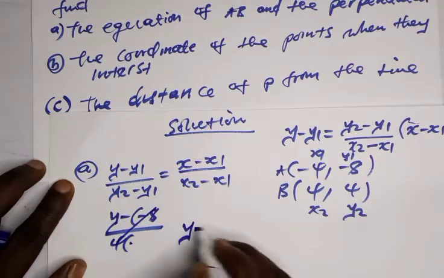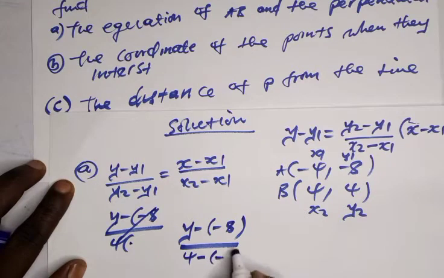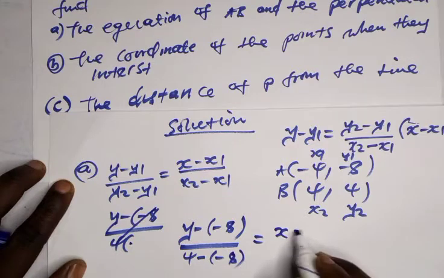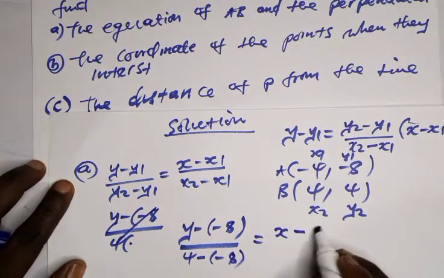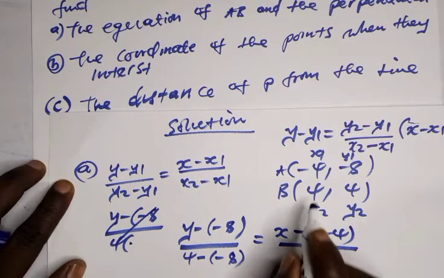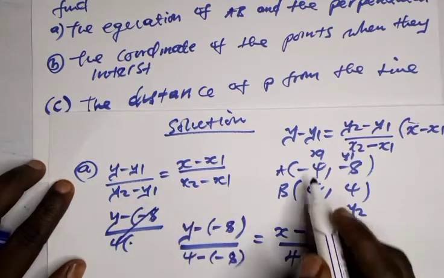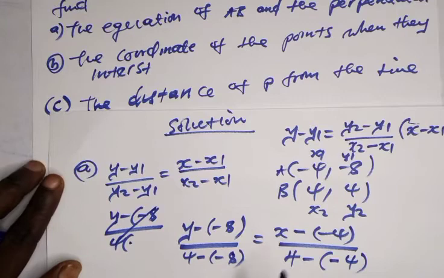Here it's y minus (-8), then over, where there is y2, it is 4 minus (-8) for y1, which equals x minus, for x1 we have -4, over x2 which is 4 minus (-4), because here x1 has been given as -4.